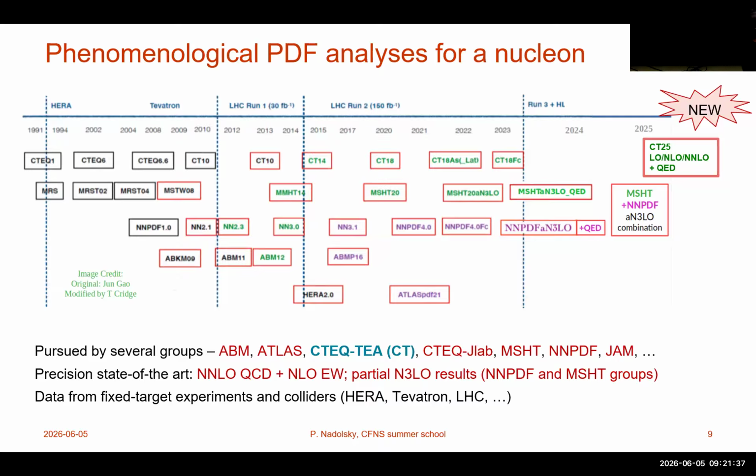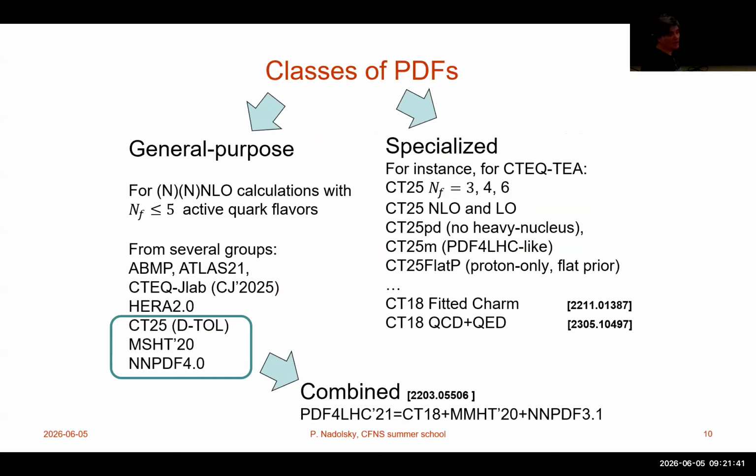And so you see there are many analyses that are available. Obviously, I don't have time to discuss all of them, but maybe a little bit to give you some idea why we need so many analyses. Well, one reason is that PDFs are kind of like a Swiss Army knife. You would like to have what is called the general purpose PDF that works okay on average, right?